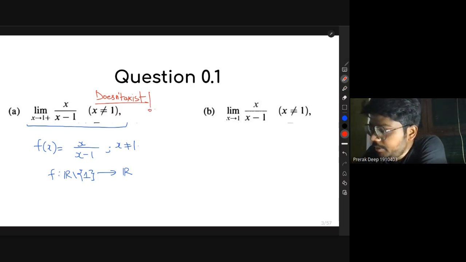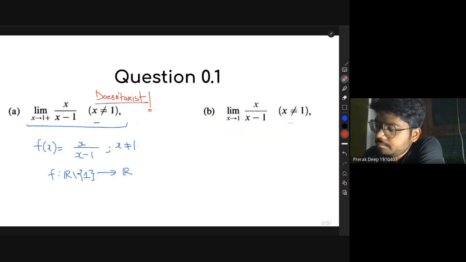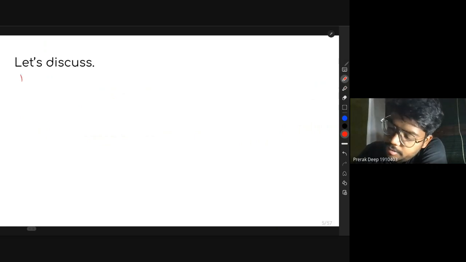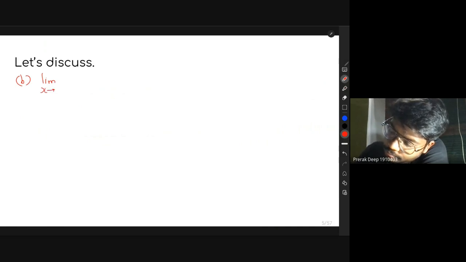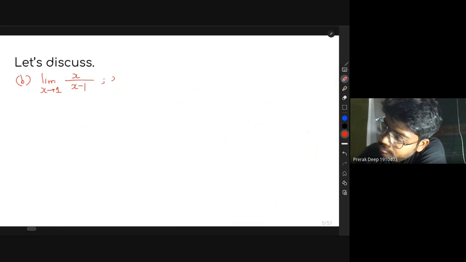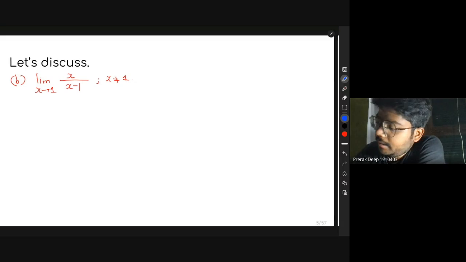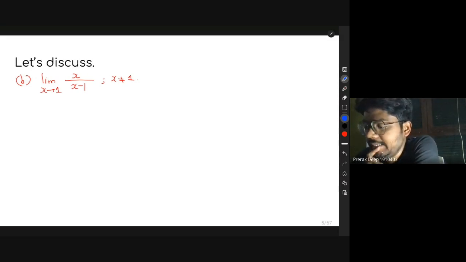Okay, now what about the limit b that we have on the left hand side? So let us write that too. In this function as well, you can say directly that the limit doesn't exist. But there is another way, where we will use the first part to say that the limit does not exist.